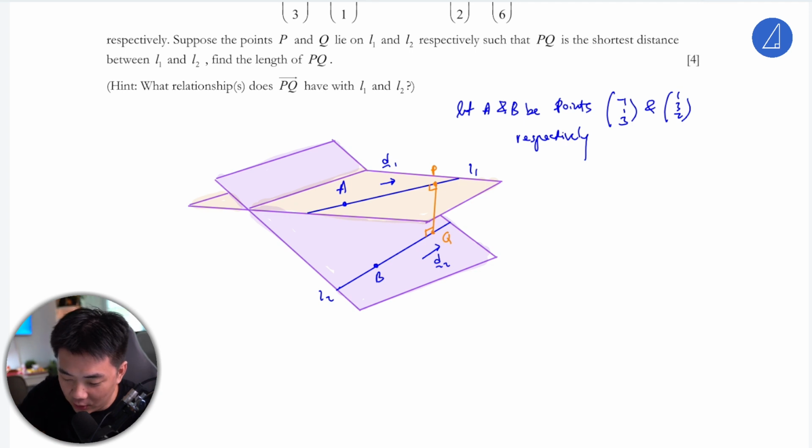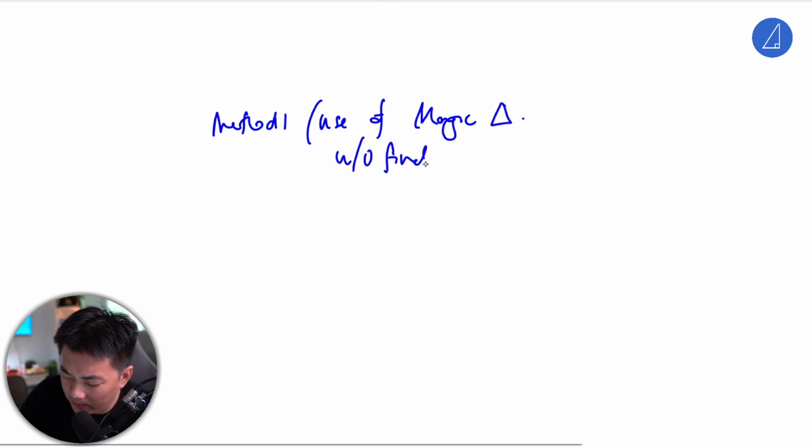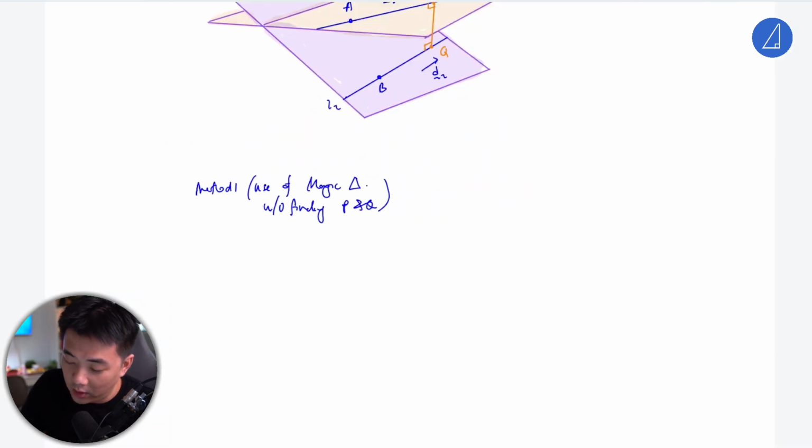The first method is straight up use of the magic triangle. This is without finding P and Q, which is very convenient because all you need is the distance.